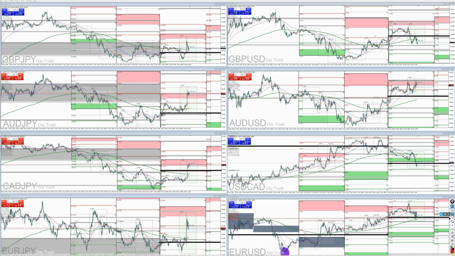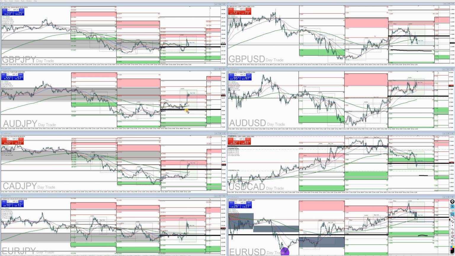This one and this one. Okay, so on the pound yen, in fact, we did get price come above central pivot. So I need to place a pending order here now.